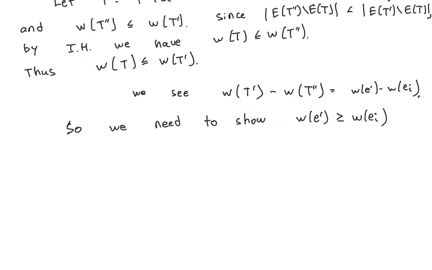So for the next step, we need to show that the weight of our T double prime is at most the weight of T prime. Since these are defined as the sums of the weights of the edges, we see that the difference between these two comes down to the weight of E prime minus the weight of EI. So all we really need to show is that the weight of E prime is greater than or equal to the weight of EI.